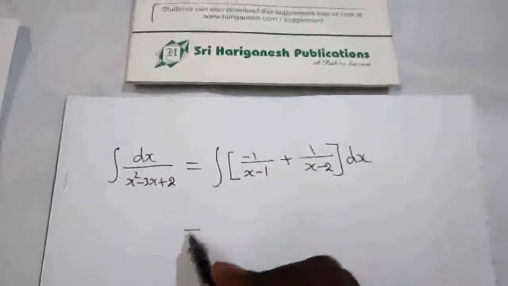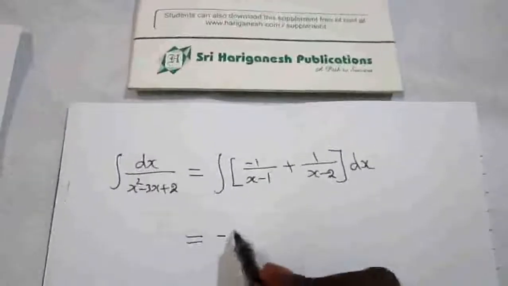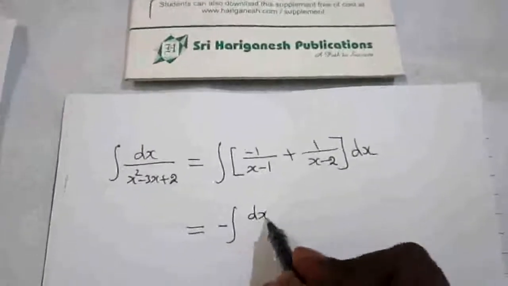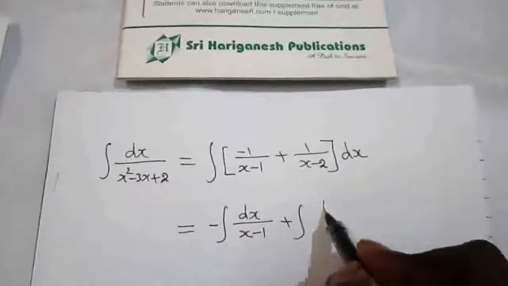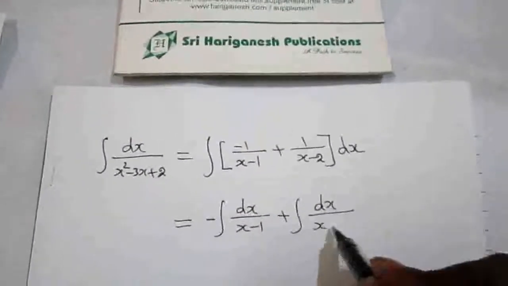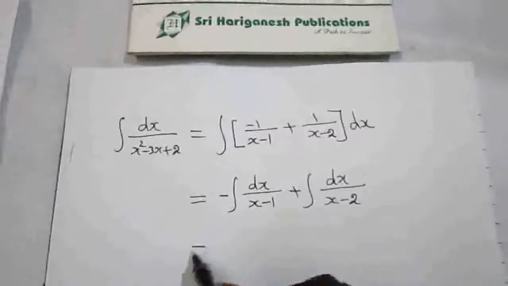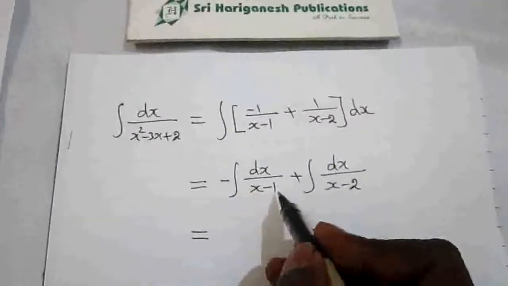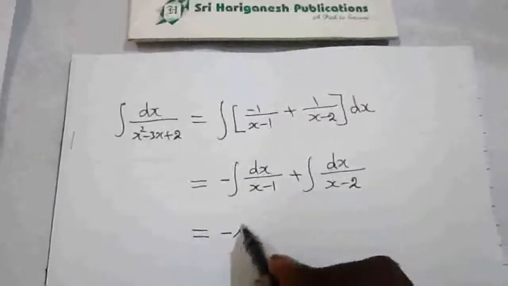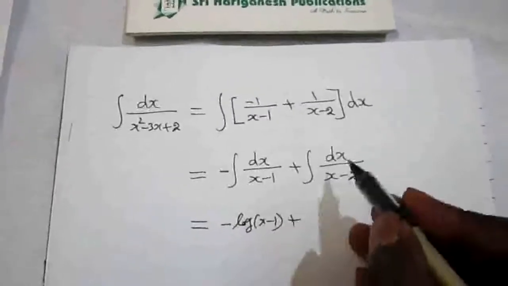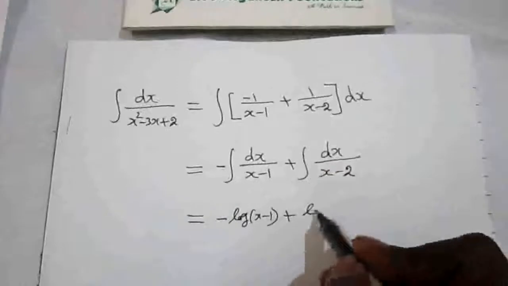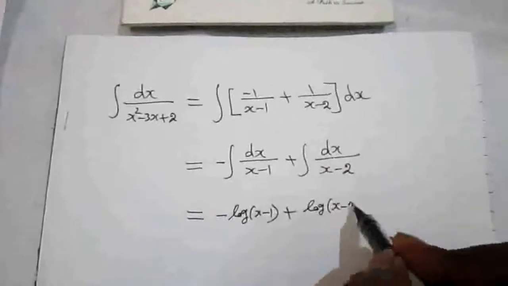Now this can be written as two integral parts. So minus integral dx by x minus 1 plus integral dx by x minus 2. Now integration of dx by x minus 1 is log of x minus 1, plus integration of dx by x minus 2 is log of x minus 2.